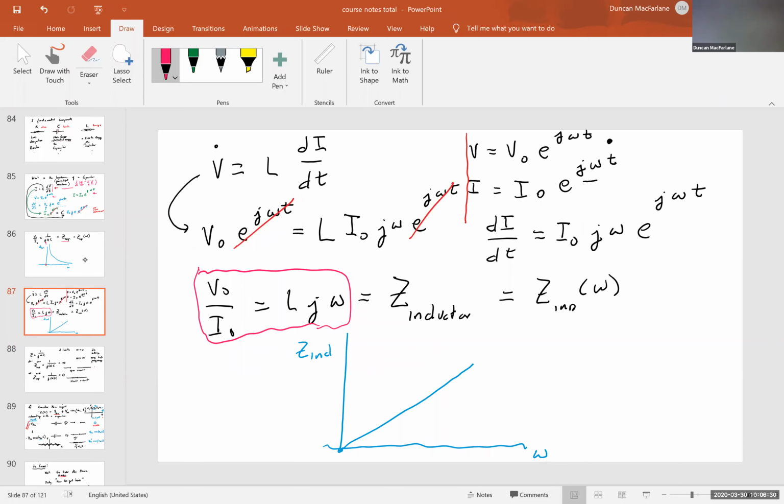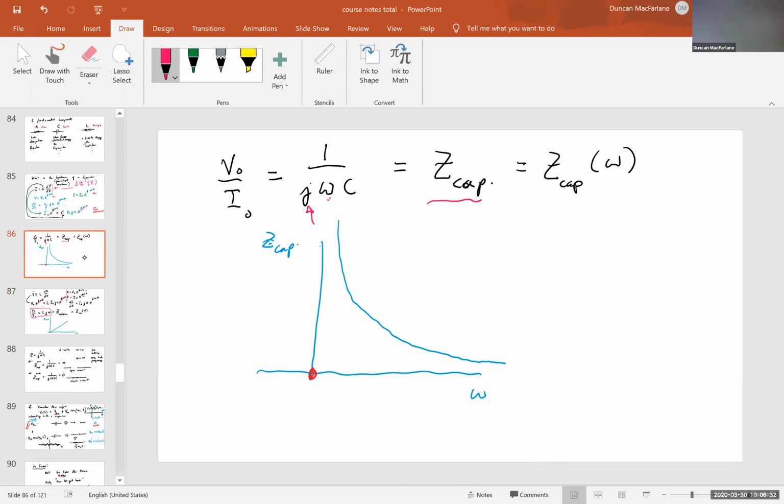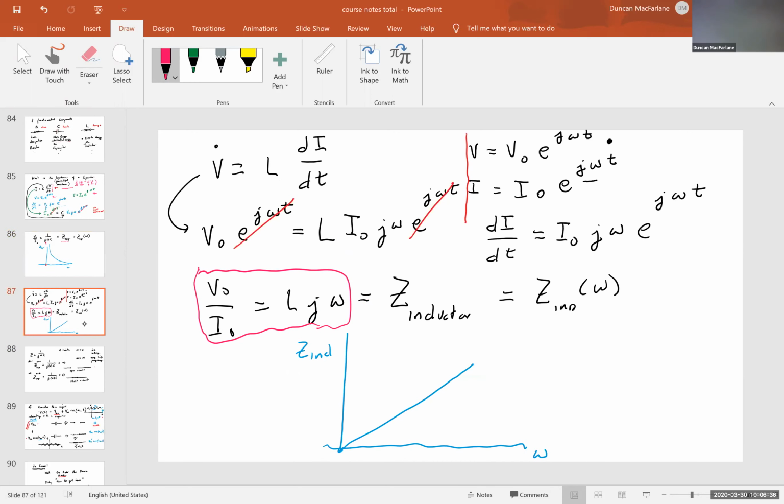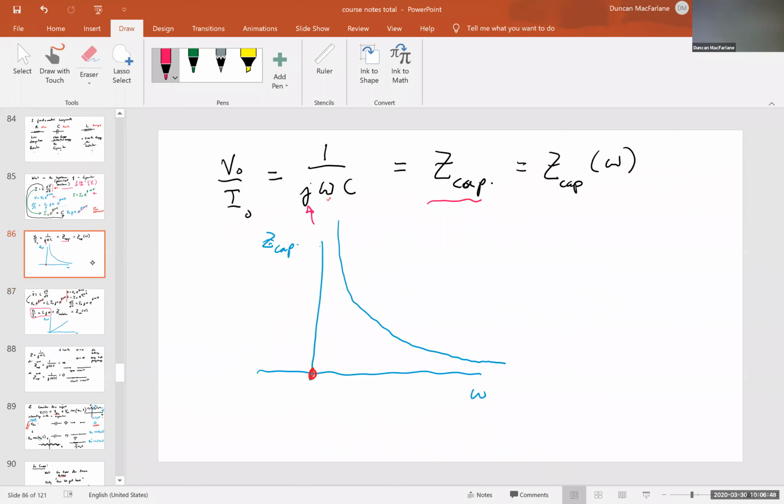And so the functional dependence in terms of omega are strikingly different for the capacitor versus the inductor. So the resistance becomes bigger, or the impedance becomes bigger for an inductor for high frequencies, whereas for high frequencies with a capacitor, they don't even really see the capacitor very much.